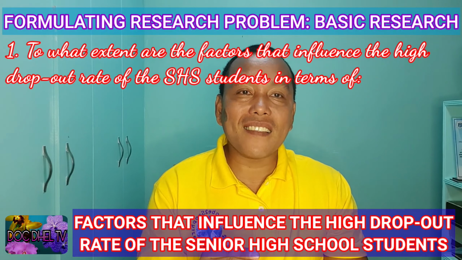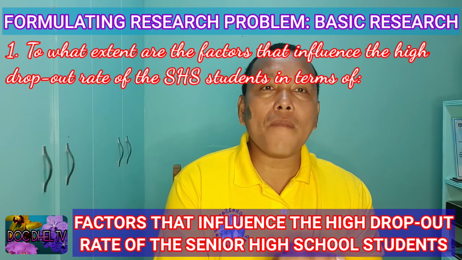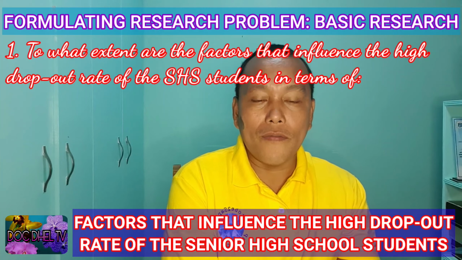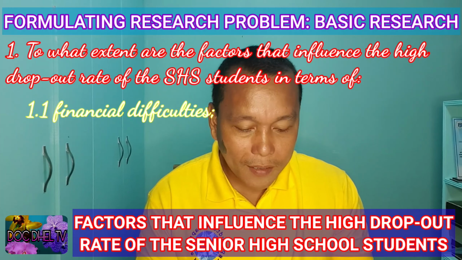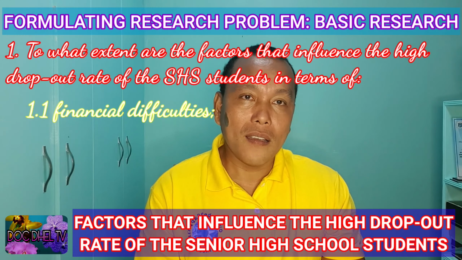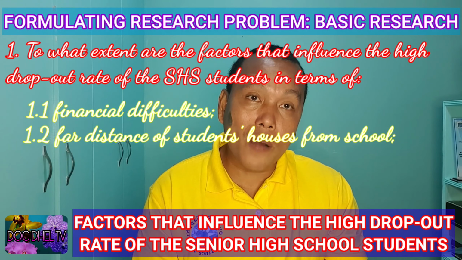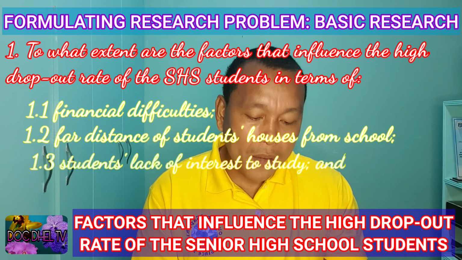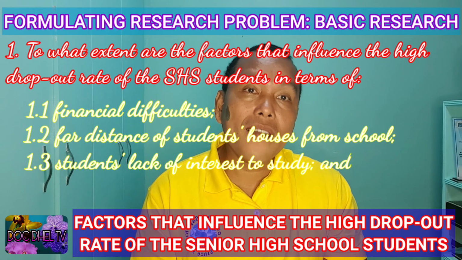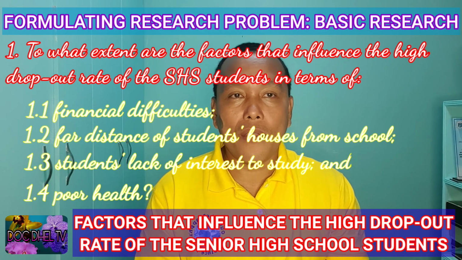To what extent are the factors that influence the high dropout rate of the senior high school students in terms of 1.1, financial difficulties, 1.2, far distance of students' houses from school, 1.3, students' lack of interest to study, and 1.4, poor health.